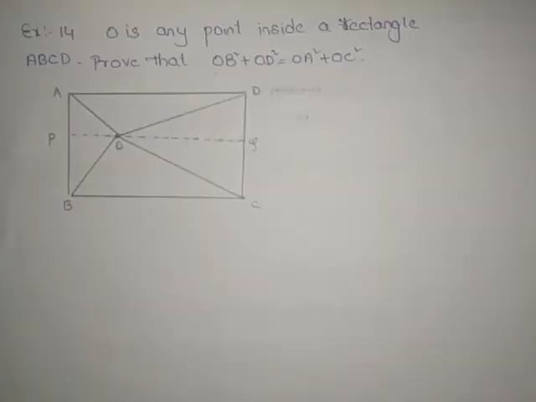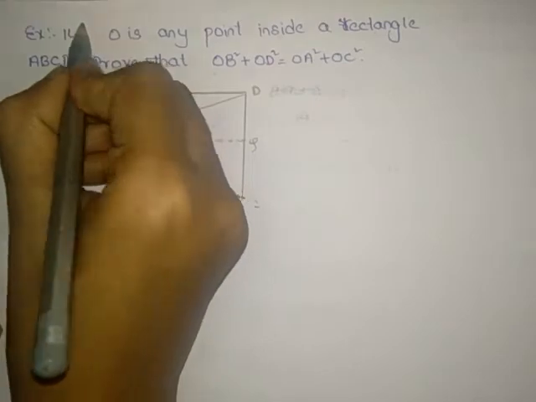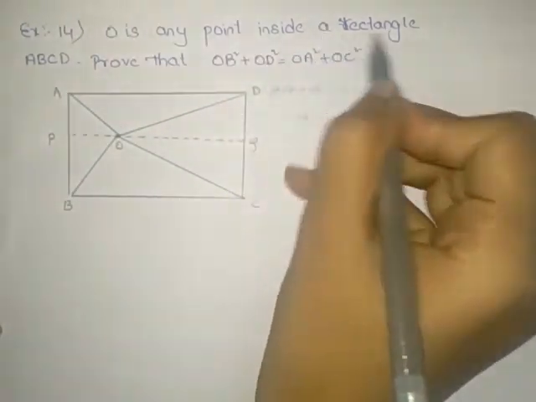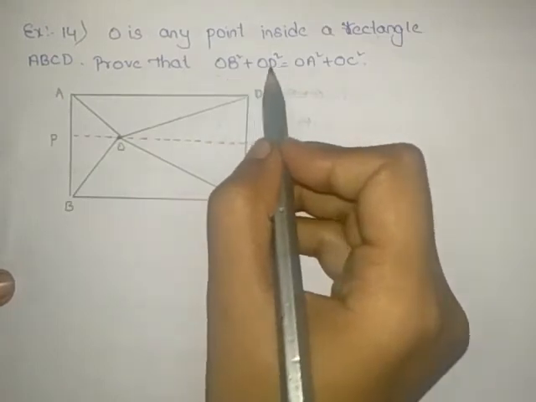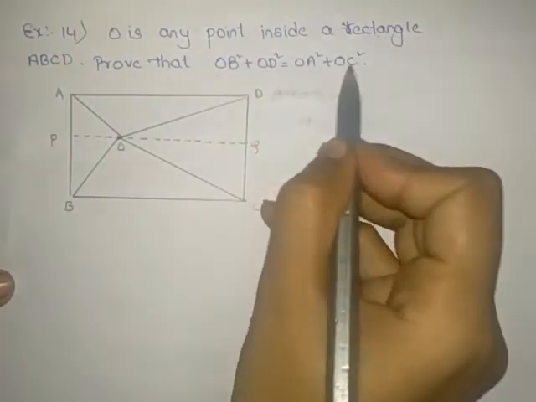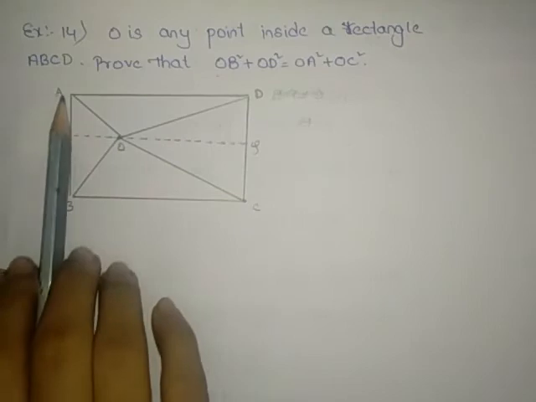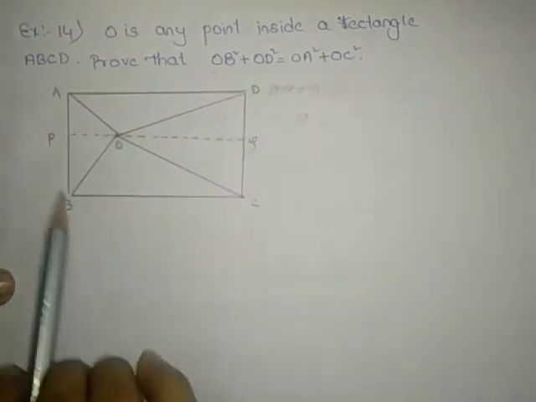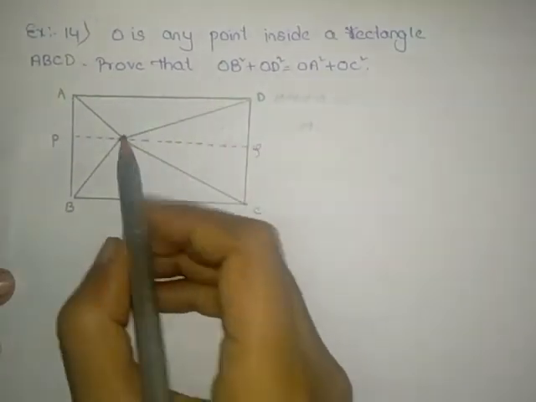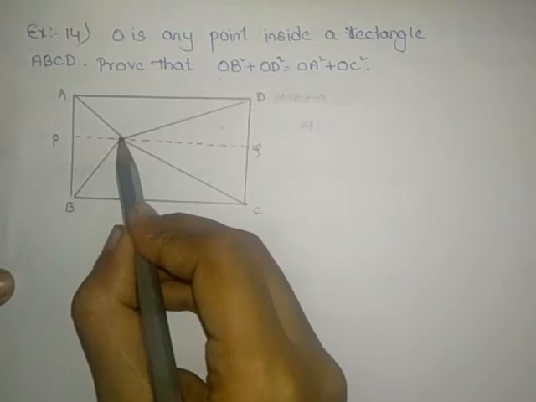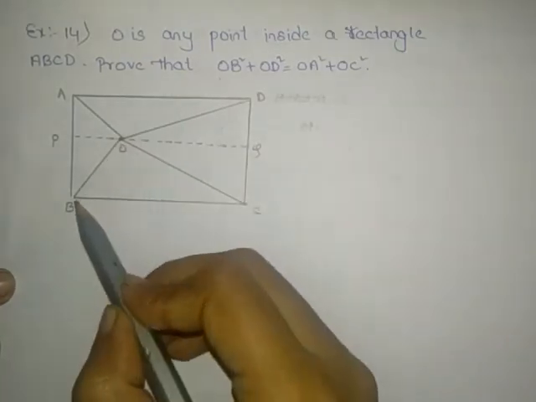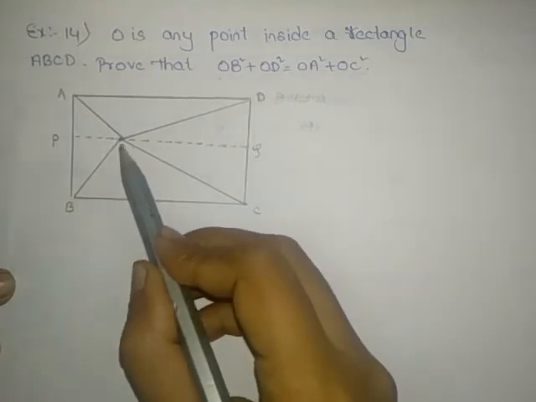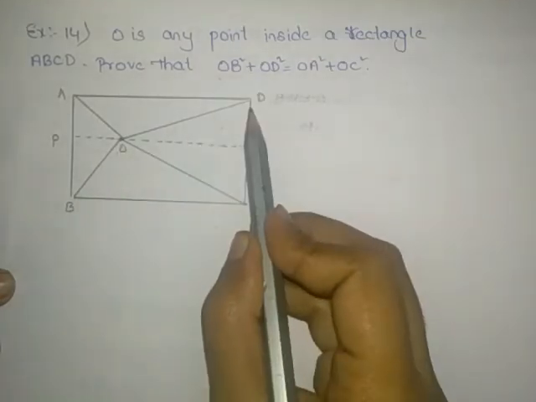Example 14. O is any point inside a rectangle ABCD. Prove that OB square plus OD square is equals to OA square plus OC square. Here they have given a rectangle ABCD, right? Inside this rectangle there is a point O. So here we need to show that BO square plus OD square is equals to what?